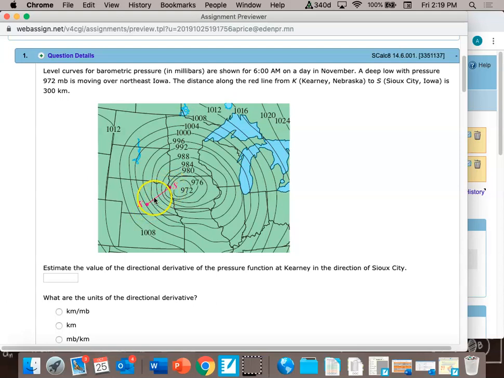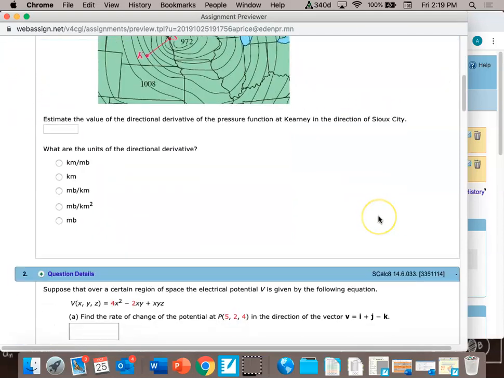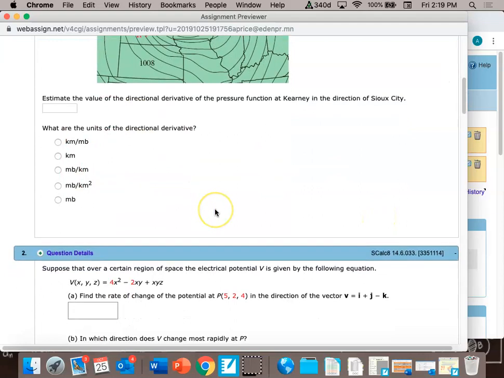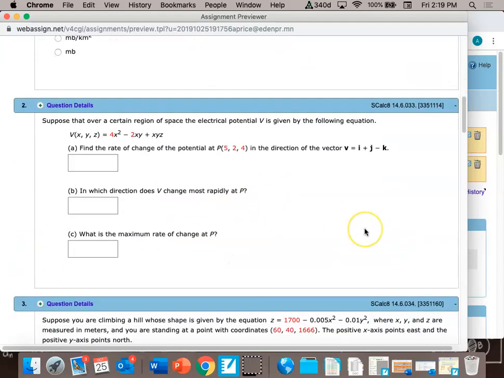It's really your rate of change in this direction. So how do you figure out the rate of change? It'd be the change in barometric pressure, which you'd get by following these level curves to find the starting and ending amounts, over the change in distance, which is 300 kilometers. Then see if you can figure out the units.